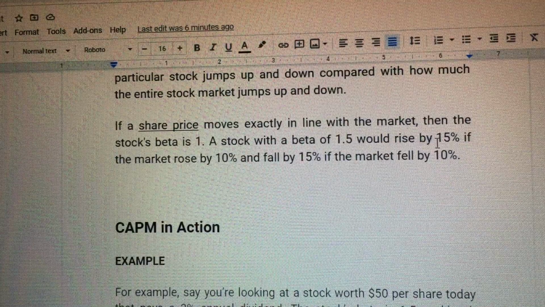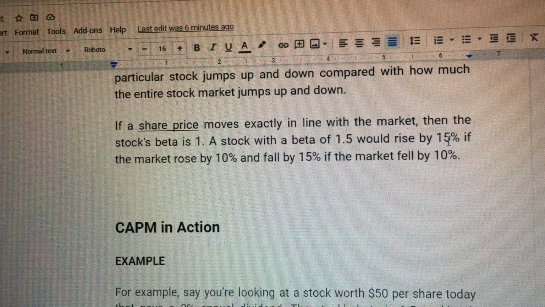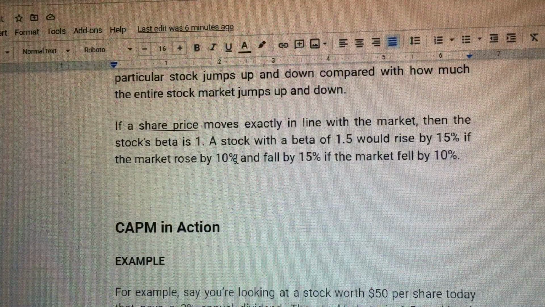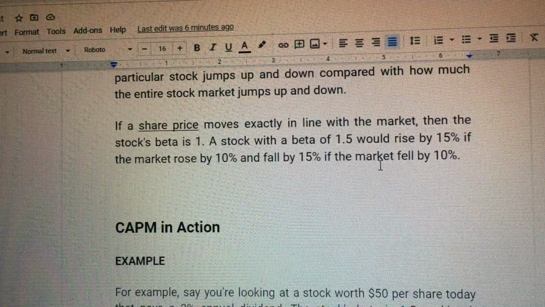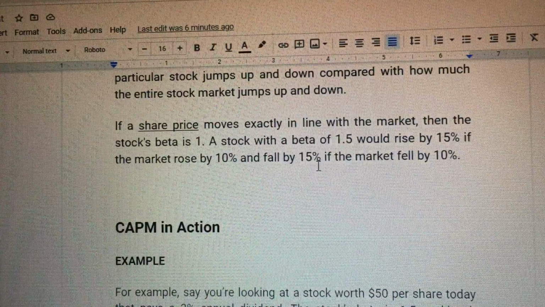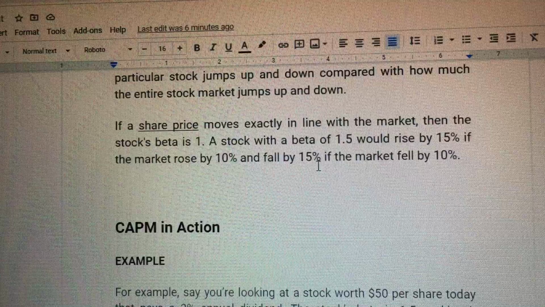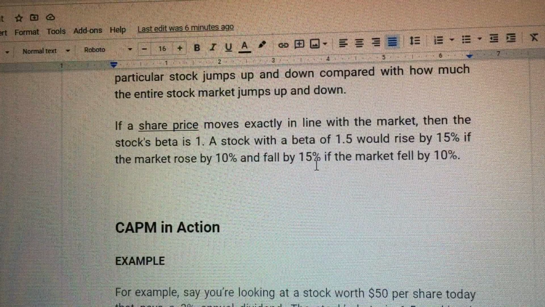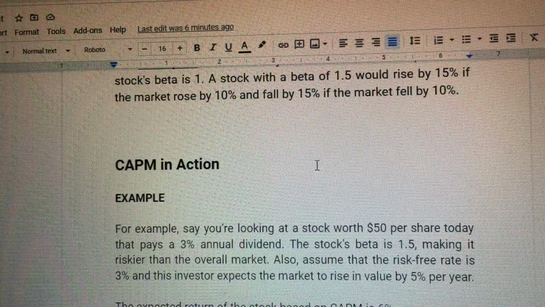If 15% ang pagsaka sa market price, then lower down ang beta to 10%. Unya, kung mo fall og 15% ang market price, beta would fall by 10%.